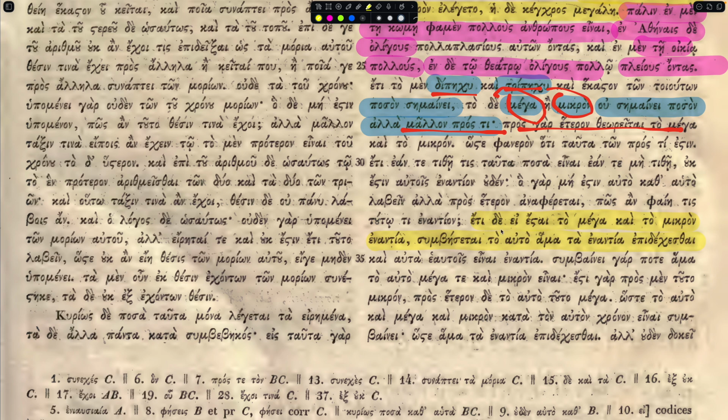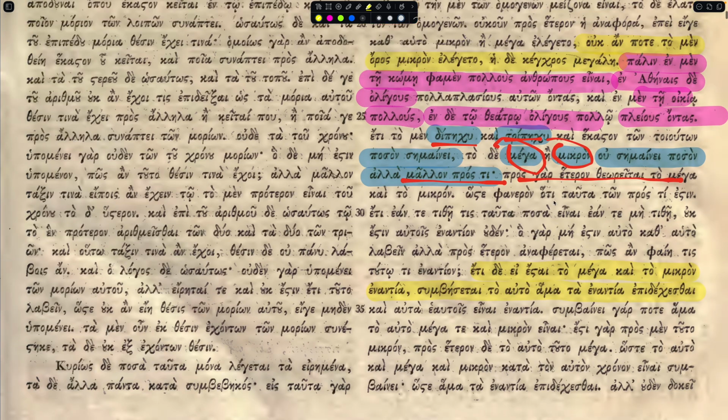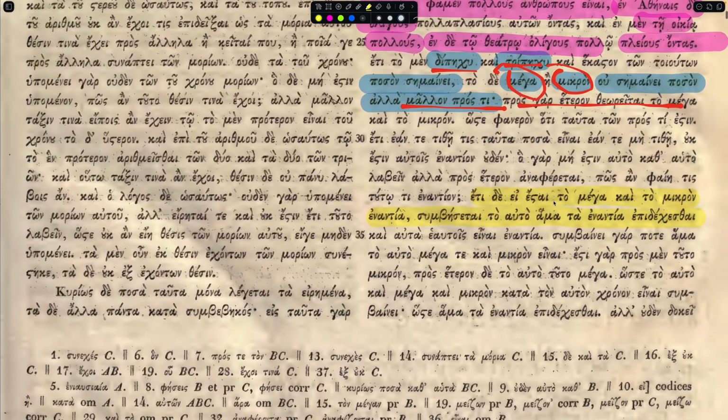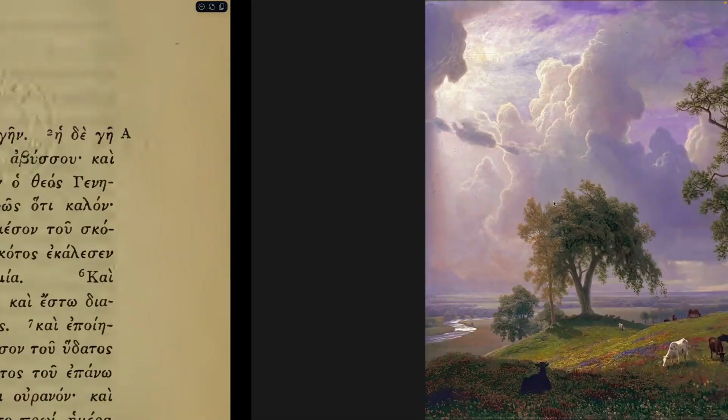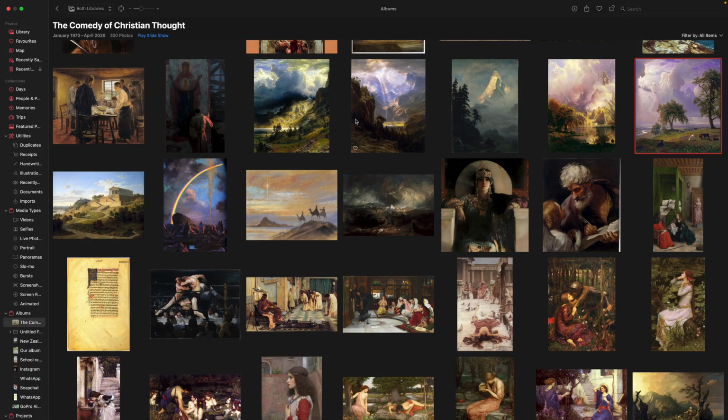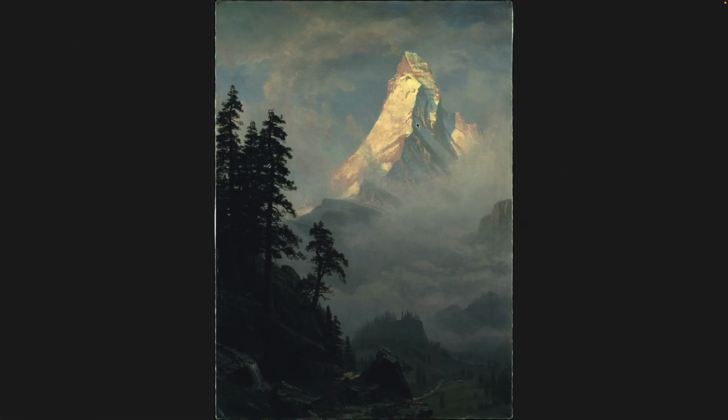if these things were, if it was a quantity, large and small and tall and short, if these things were quantities, right? And at the same time, we could have a mountain that's small compared to other mountains, large compared to other mountains, then it itself would be contrary to itself.